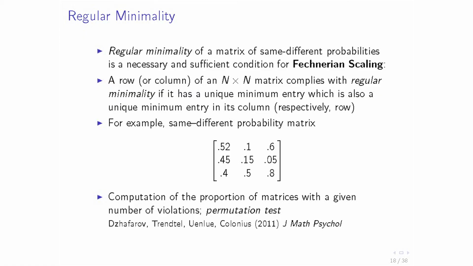We have actually developed a permutation test to compute the proportion of matrices with a given number of violations, because if you have collected these large data sets and then you have just maybe one or two violations of regular minimality, you would really not want to throw away all of your data.